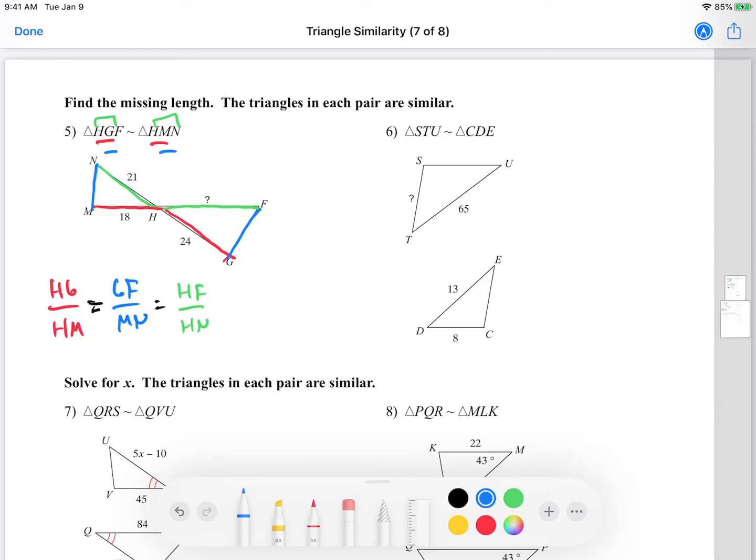First thing I would do is plug in what we know. Do we know what the length of HG is? Yeah. What is it? 24. So this would be 24. Do we know what the length of HM is? 18. Do we know what the length of GF is?